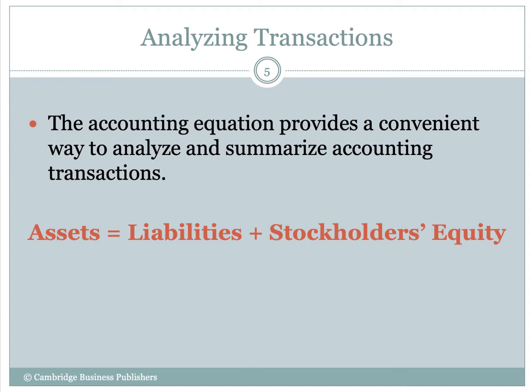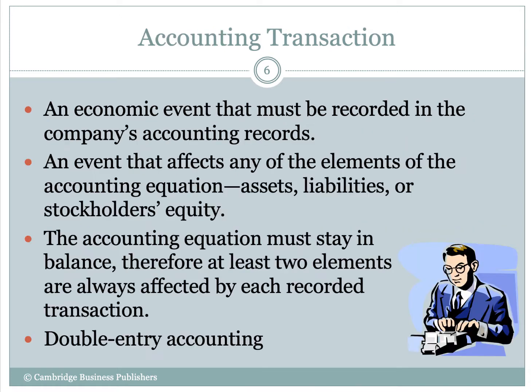That means we're going to do double entry bookkeeping, double entry accounting. Double entry accounting says that at least two accounts will be affected. So keep that in mind. We're always using two accounts. We got to keep this accounting equation balanced.